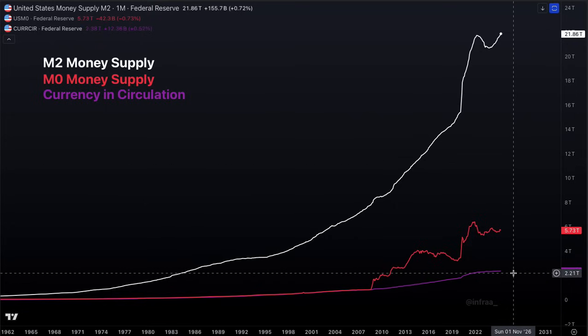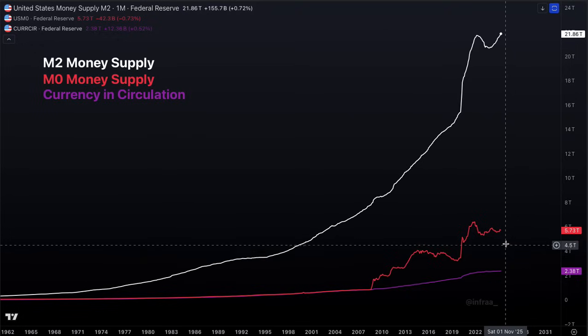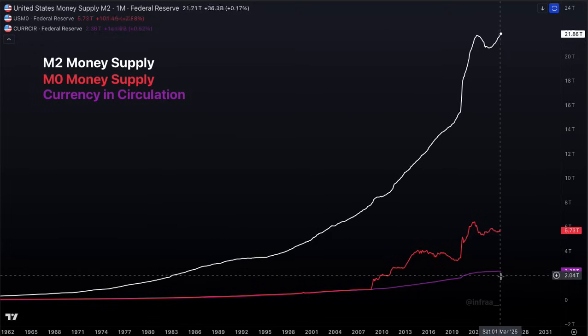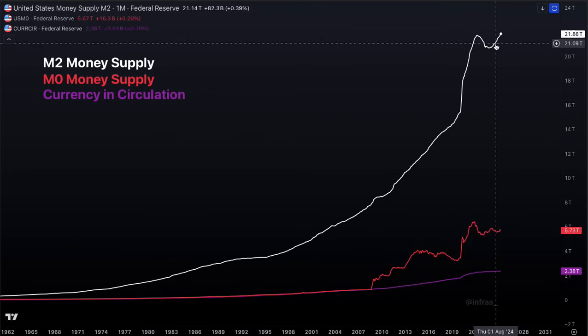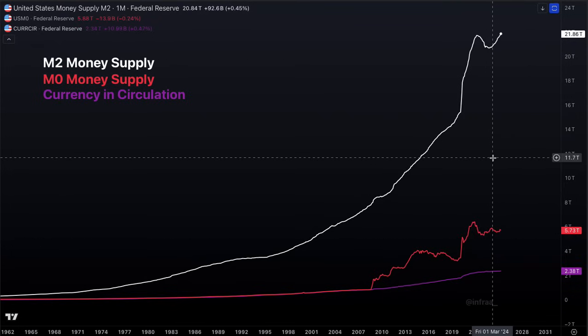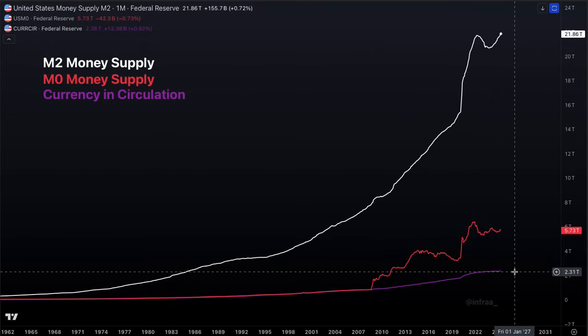And remember, there's only 2 trillion of currency, and there's only 5 trillion of actual official bank reserves and currency, right? So what I'm trying to illustrate here is the degree to which the money supply is leveraged off of a relatively small number of official dollars.